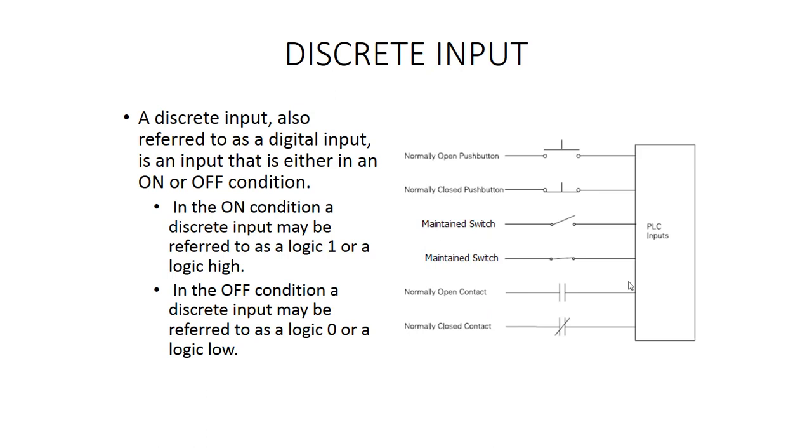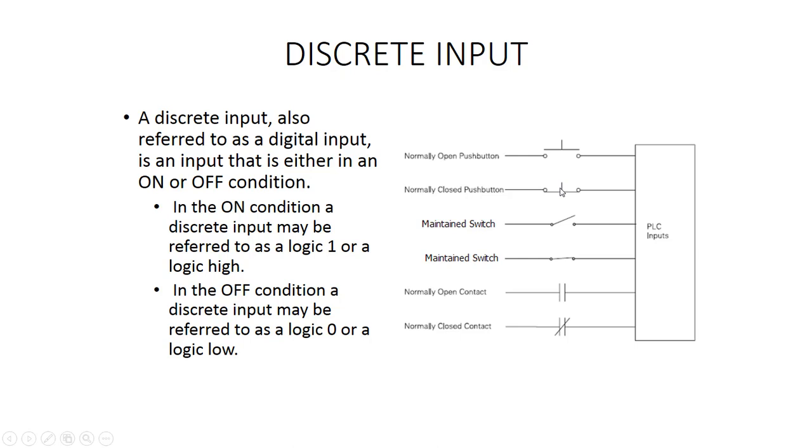Discrete input, as I said, is on with ones or zeros, or off with ones or zeros. And here's some typical symbols. These symbols are showing that it's being wired into the PLC input module. Once you take a look at the ladder logic, it will only be contacts and coils: XICs, XIOs, and OTEs.